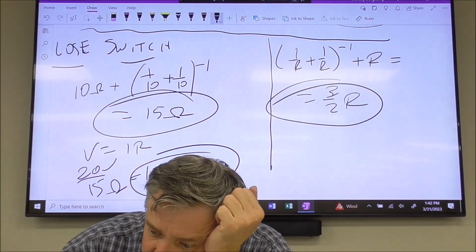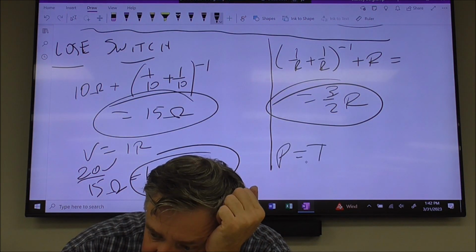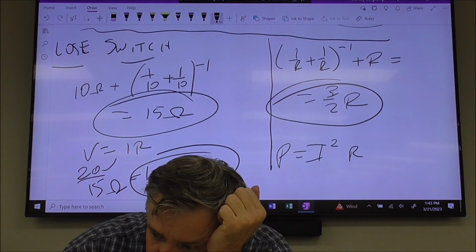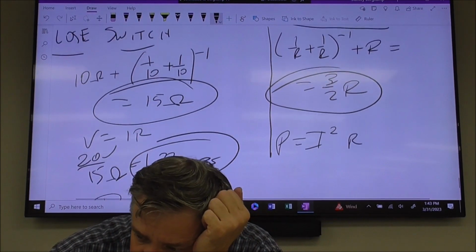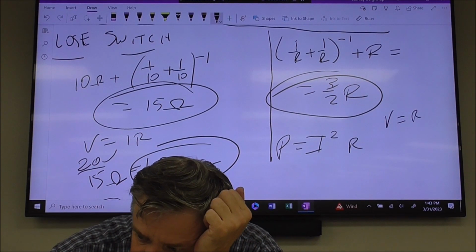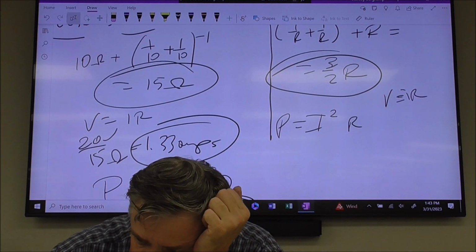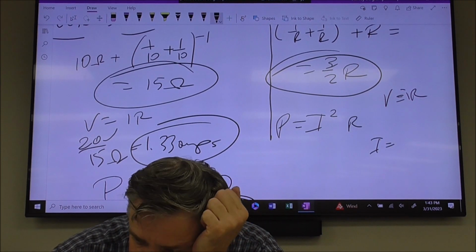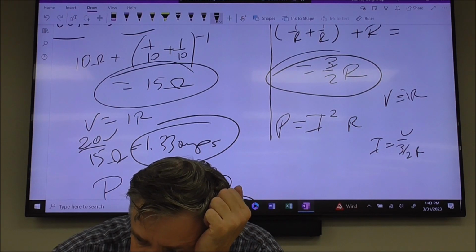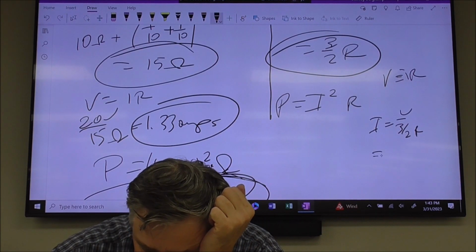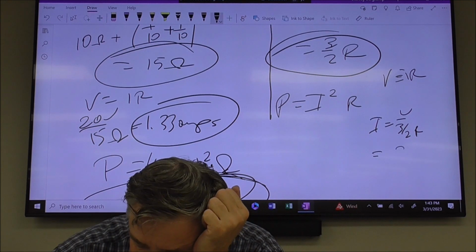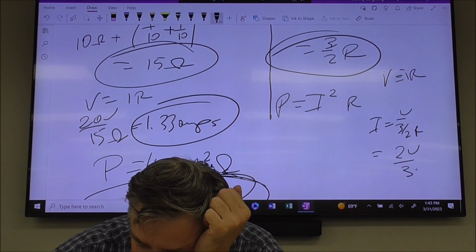Now, if you go to the power calculation of I squared R, let me back up. You've got to invert it first. Then you get I equaling V over 3 halves R, and then that flips up, and you get 2V over 3R.